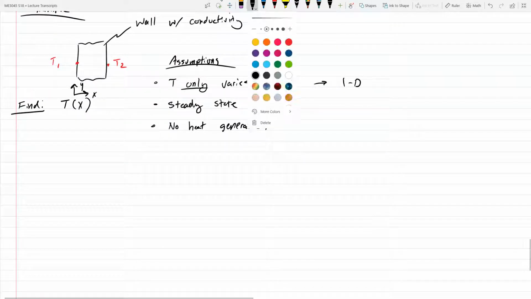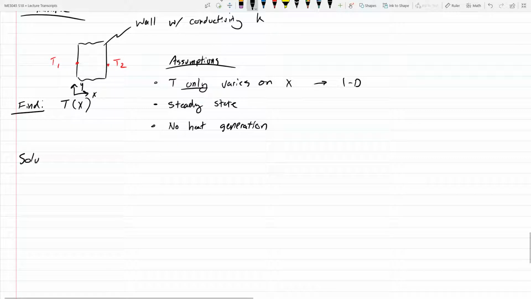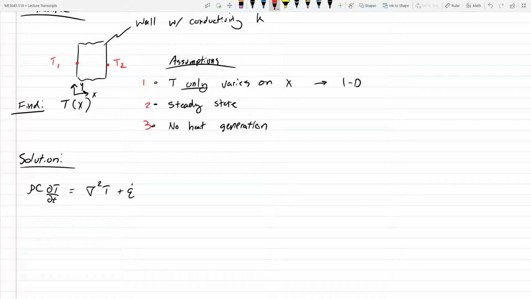So the solution here starts with our governing equation, which, if we wrote the whole thing out, would be rho c dT/dt equal to the gradient squared of T plus q prime. But because we've made these assumptions 1, 2, 3, we can cancel terms out. So the fact that it's 1D means that this just turns into the partial in x of T, and then steady state.